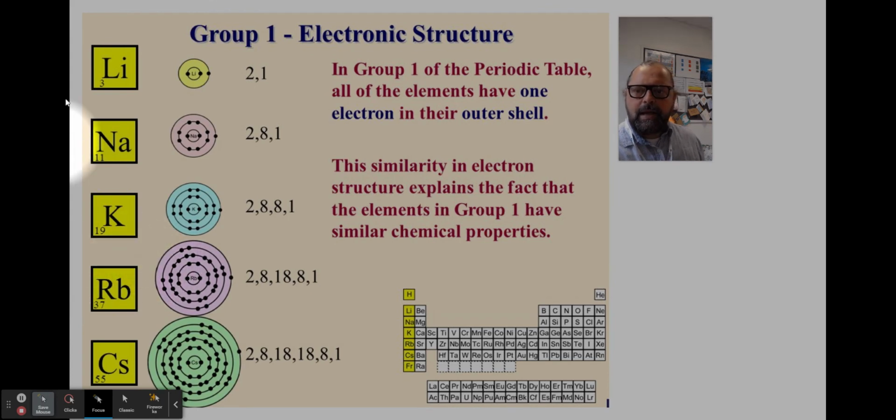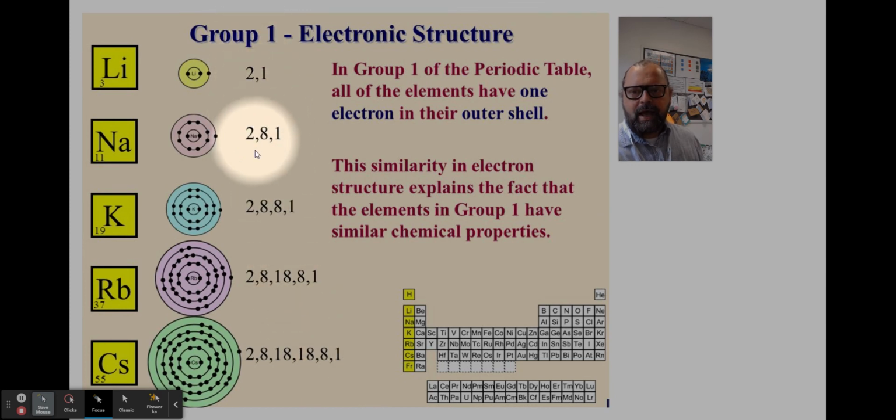So to recap, make sure that you understand that the group number tells you how many electrons are in the outermost energy level, that as you go down the group, you're adding more and more full shells of electrons, and so the outermost electron is getting further and further away from the positive charge and the force that the nucleus tries to hold on to those electrons and keep them in orbit.